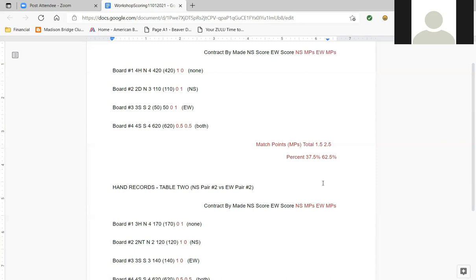But when you get a big game, you end up with some hands that are being played only 4 times at 4 different tables, and other hands that are being played 5 times at 5 different tables, and maybe other hands that are played 6 times. And then you have to multiply the scores by a factor, because winning a board that's been played 4 times shouldn't count quite as much as winning a board that's been played 6 times.